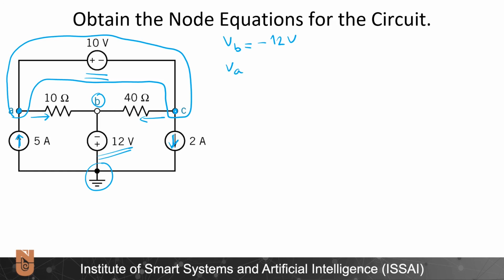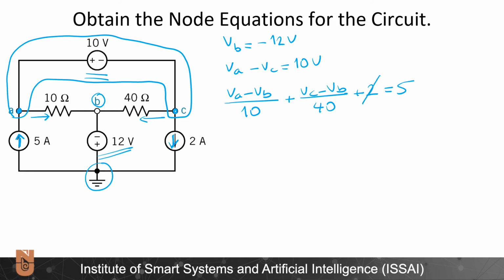Firstly, let me write the VA minus VC is equal to 10 volts through the supernode, and then write the KCL for the supernode. This will be VA minus VB divided by 10 plus VC minus VB divided by 40 plus 2 is equal to 5 because 2 amperes is going out and 5 amperes is coming in.